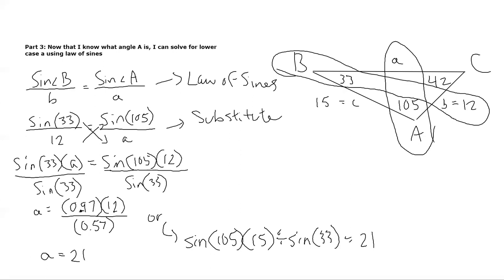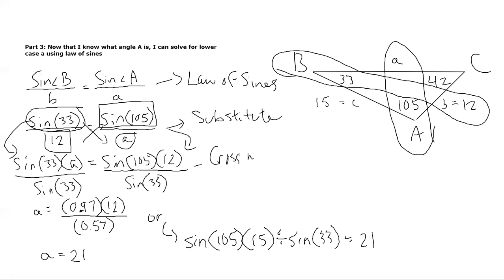Perfect. Let's go ahead and cross multiply, right? That sine of 33 times the a goes here, and 12 times sine of 105 goes here, right? Now, over here, after I cross multiplied, I'm going to have to do inverse operations, because I got to make sure that a is by itself.